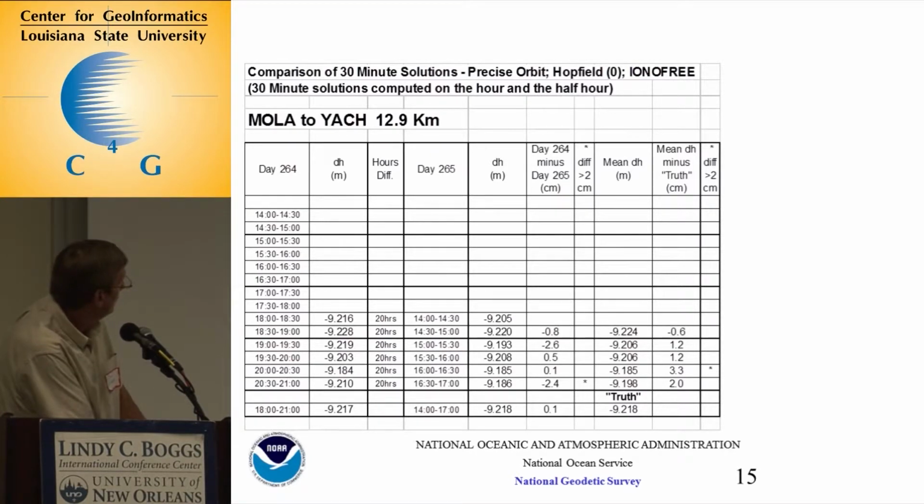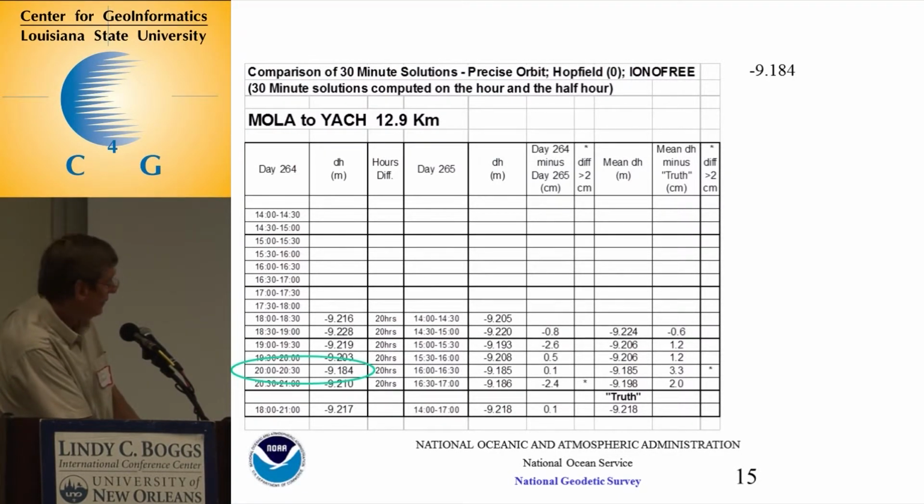So this is what I ended up with. You can see my mean difference on 2 different days, different times of the day, from truth, they're all less than 2 centimeters except for this one right here. And look, it agrees the best with itself. And it's 2 different times of the day.